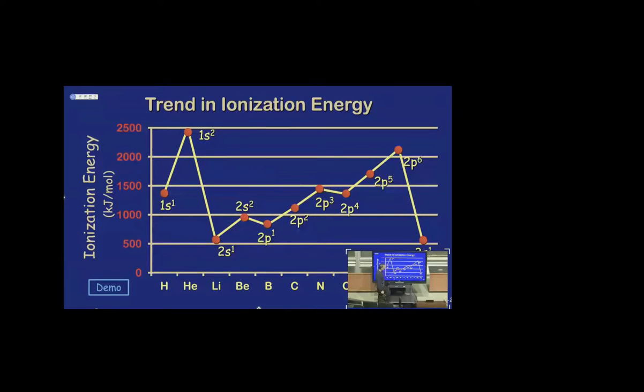And we were attributing that in a hand-wavy way to the fact that that shell was closed. You filled up s, and that made that a more stable state relative to the elements next to it, and the half-filled 2p3 also exhibited that slightly more favorable, harder to ionize, lower in energy than the elements on the other side.